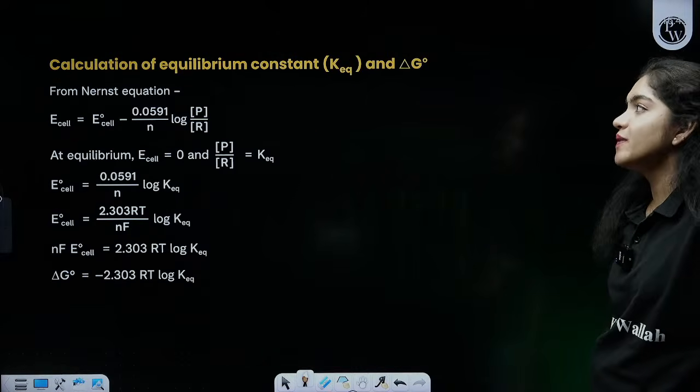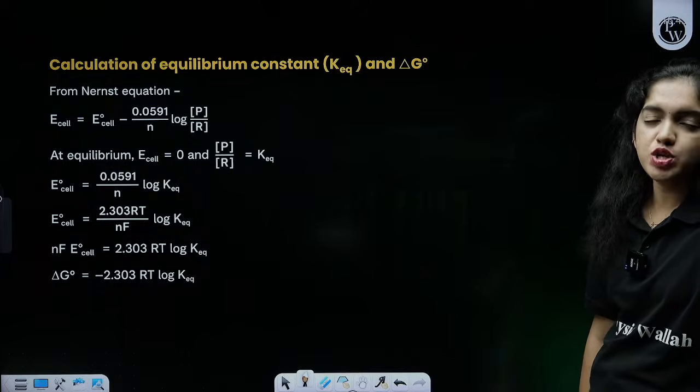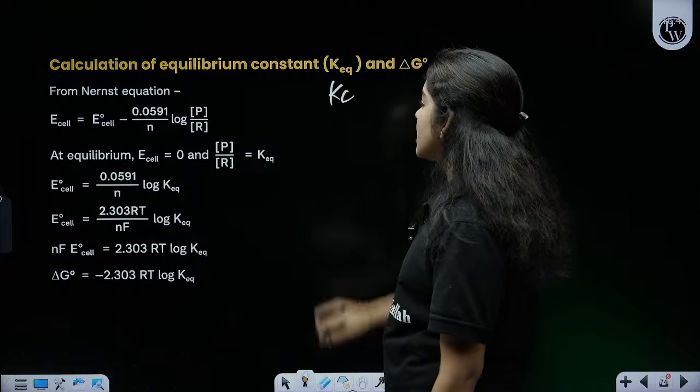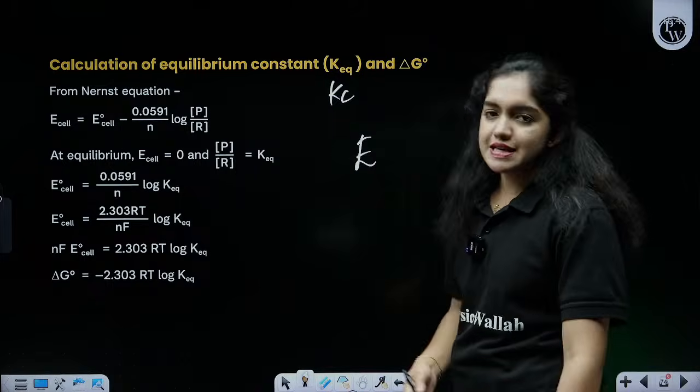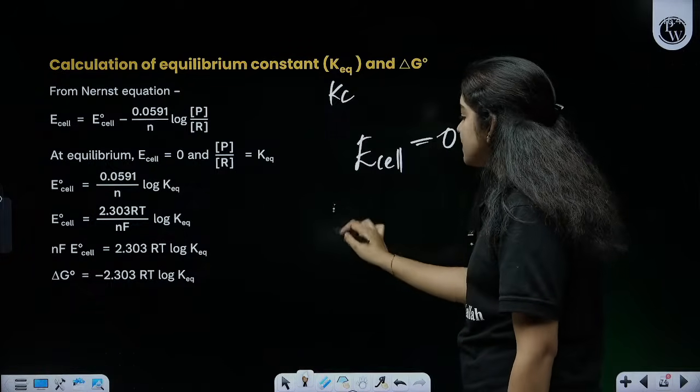And this is very, very important, the calculation of the equilibrium constant Kc. Using this Nernst equation, we can calculate the equilibrium constant Kc. For example, at equilibrium, E cell will be equal to 0. So, what will be the change in the equation?